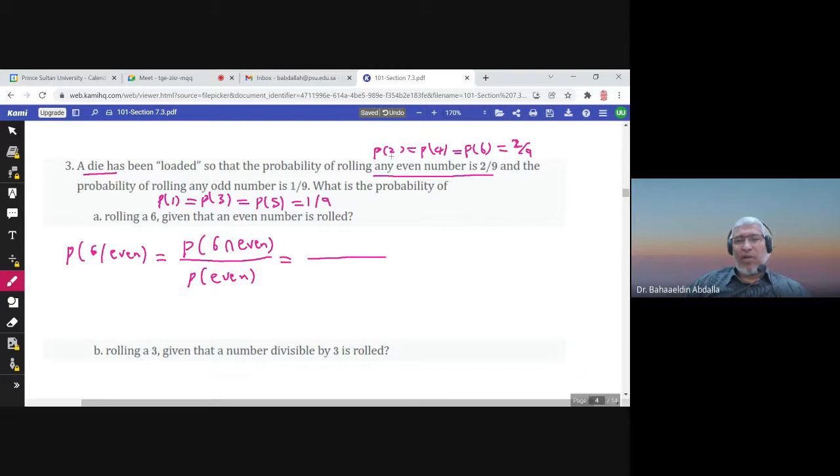Well, these are the set of even numbers 2, 4, and 6. And the probability of even would be 2 over 9 plus 2 over 9 plus 2 over 9. So it's 6 over 9. And 6 is one of them, so it is 2 over 9. So the probability would be 2 over 6. If you say that the number of even elements is 3 and 6 is one of them, you also get 1 over 3.